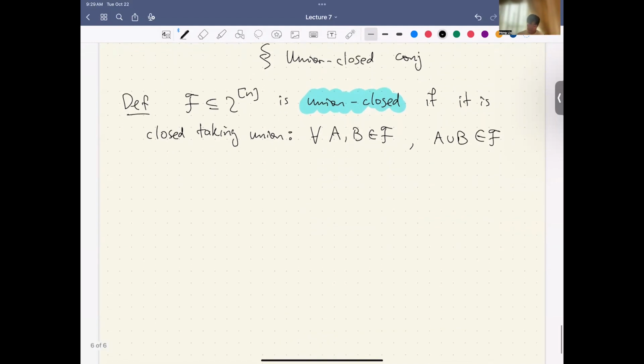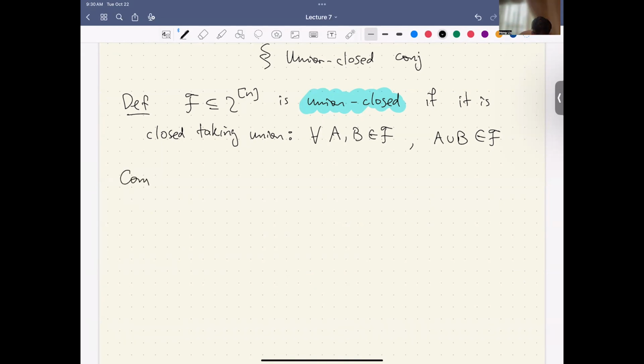Okay. There's a conjecture popularized by Peter Frankl saying that for any union closed family, there exists a popular element of the ground set, which lies in at least half of the sets in F.